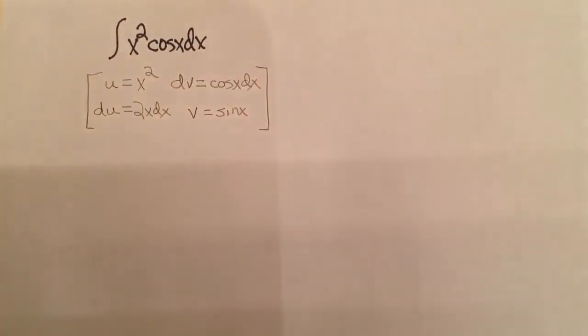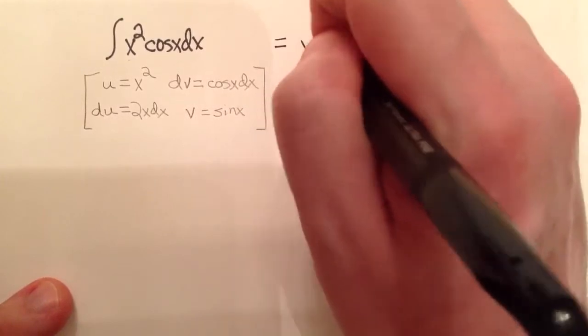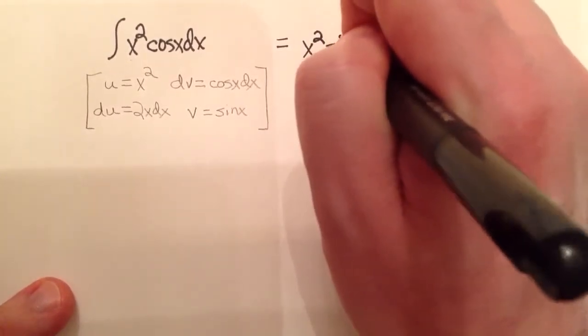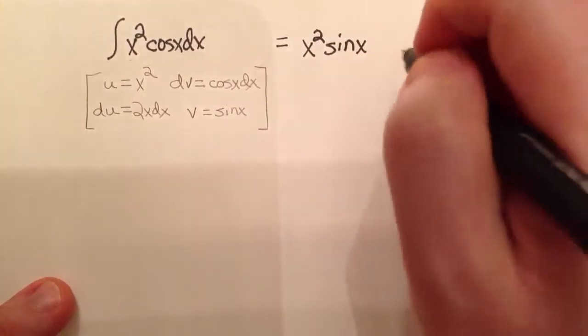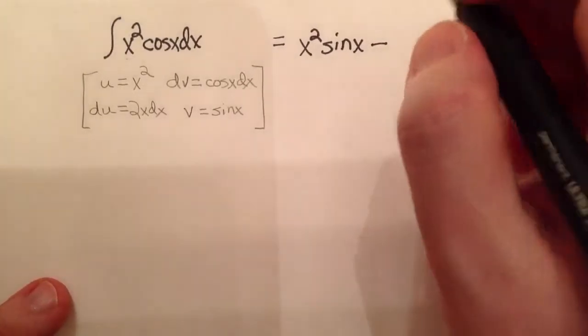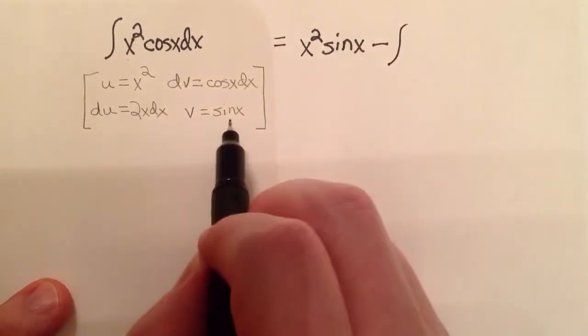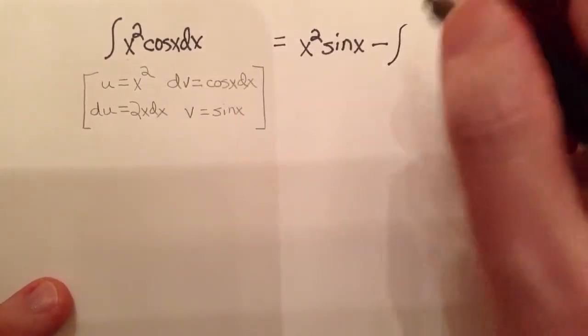And thus, looking at u times v, we have x squared times the sine of x, and then minus the integral of v times du, and so we'll be subtracting the integral of 2 times x times the sine of x dx.